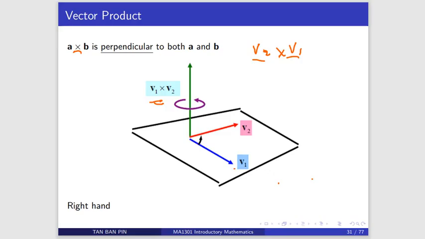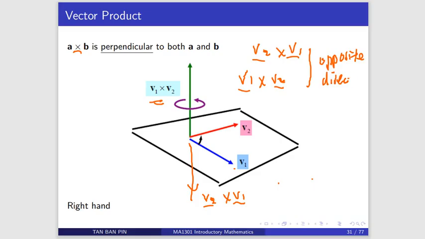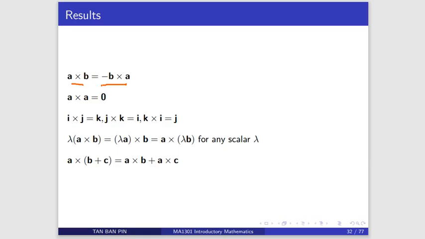Then you will find that eventually it will be pointing down. So that means V1 cross V2 and V2 cross V1 are in opposite direction. So that's why they differ by a minus sign. They point in opposite direction, but they are parallel. So that's why A cross B is negative B cross A.